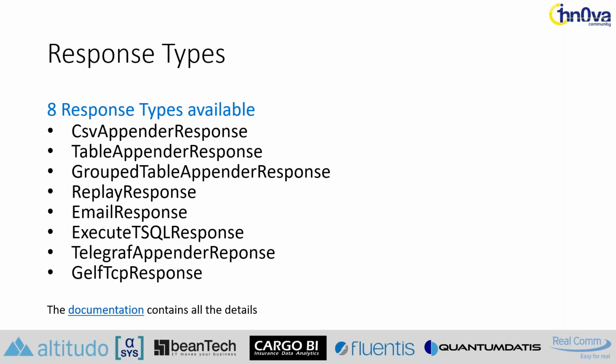Then we have the group table appended response. This one, before writing the events to the database, groups them first in memory and then on the target table. And if you have some existing data, it merges the data with matching keys.